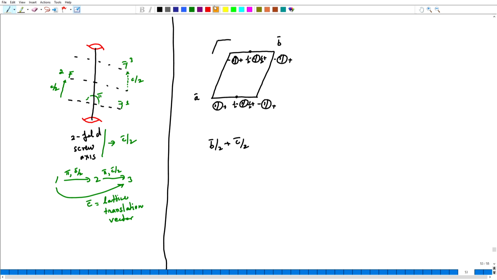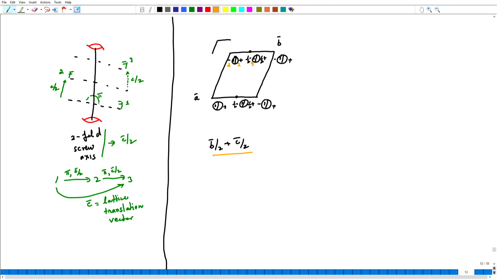Now, we have to analyze this pattern to figure out whether there is any other symmetry present or not. So, let us take motif number 1, which is right handed above the AB plane. The mirror takes it to motif number 2, left handed below the AB plane. 2 is taken to 3 by centering translation of B by 2 plus C by 2.